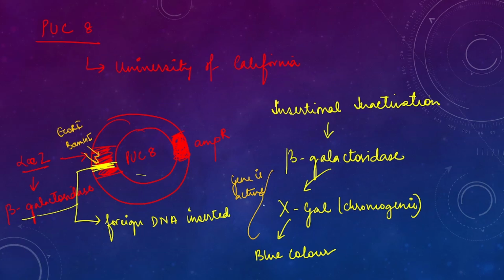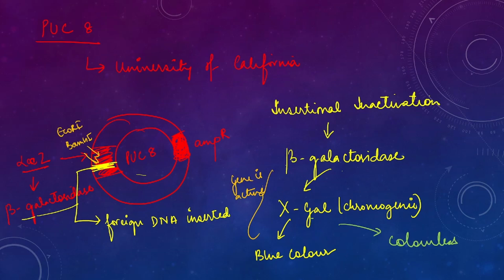Now, suppose for some reason the beta-galactosidase is not produced, because of insertion of foreign DNA, the lacZ gene which produces beta-galactosidase got disturbed and it is not producing beta-galactosidase. So what will happen when we grow them on X-gal? They will become colorless.